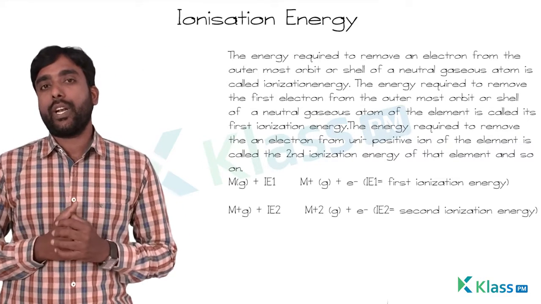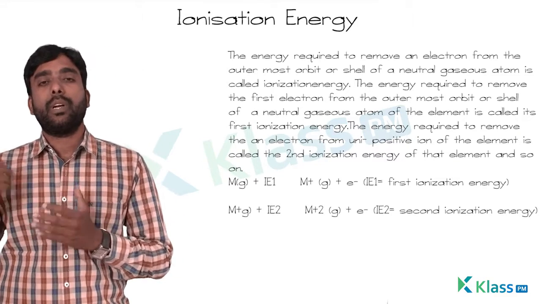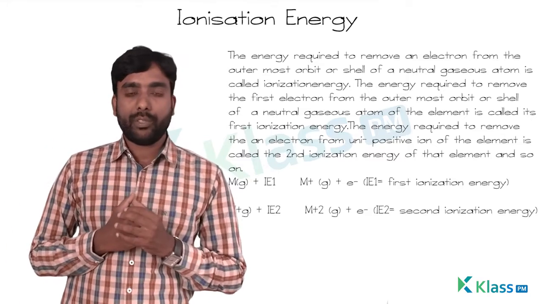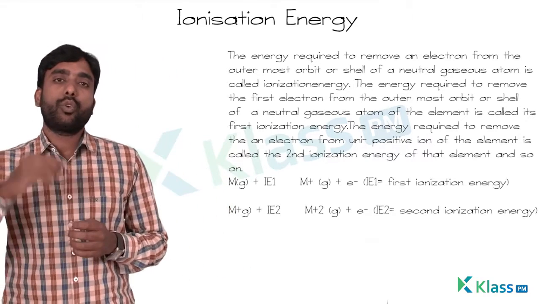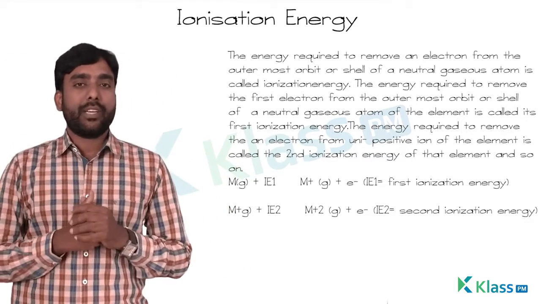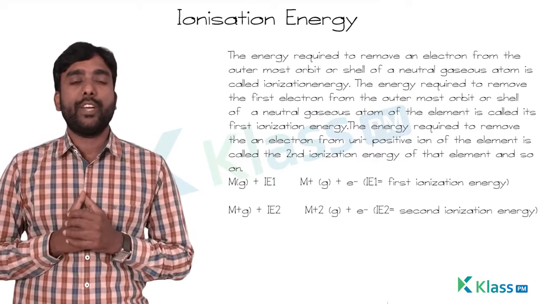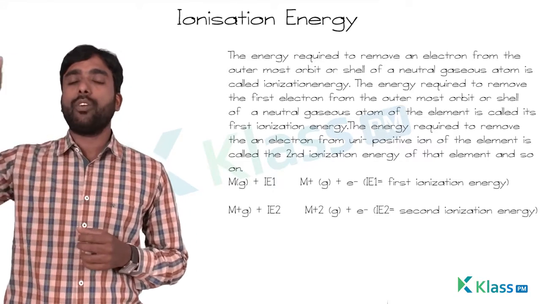Along with ionization energy, there are secondary, tertiary, and quaternary ionization enthalpies also. To remove one electron from the gaseous atom is called primary ionization energy, because you are removing only one electron.